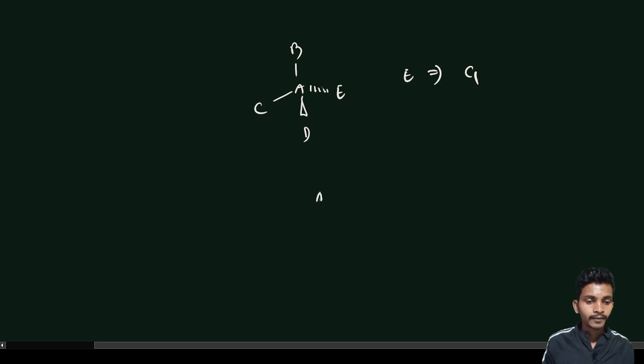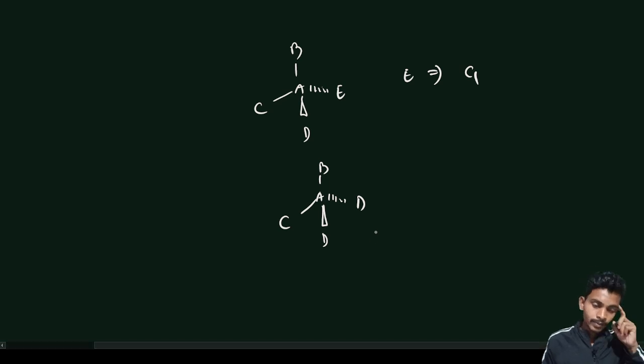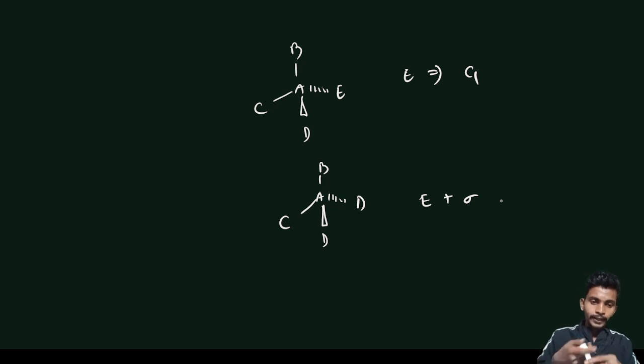And let's say A, B, and let's say C, and D, and let's say this is D. In that case, what things are present? In this case, E is present and sigma is present. Let's see these molecules. Let's say front and back are the same.